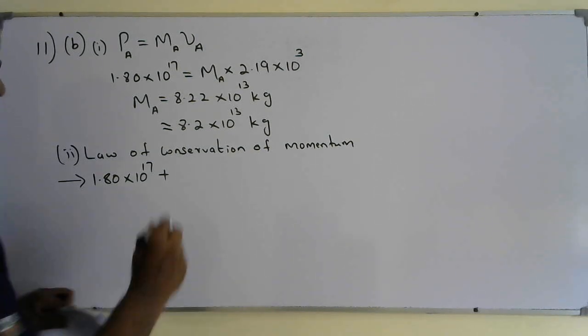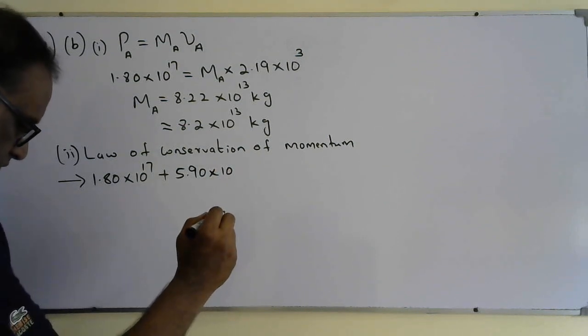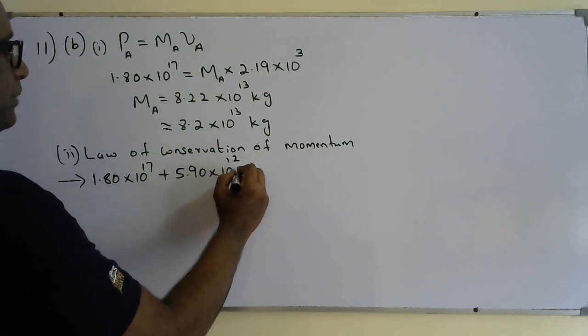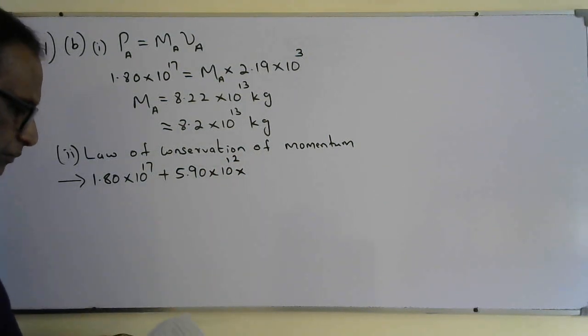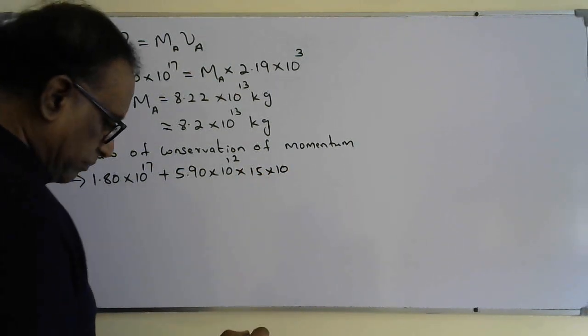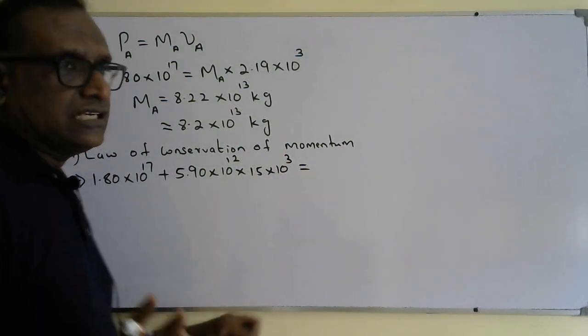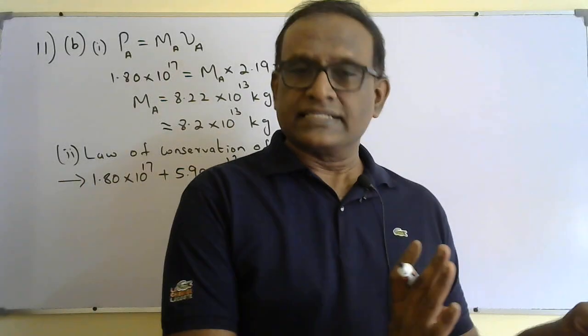So mass of B is given, 5.90 × 10^12, times its velocity before collision, 1.5 × 10^3. Now they have entangled together, so both will move with the same velocity.